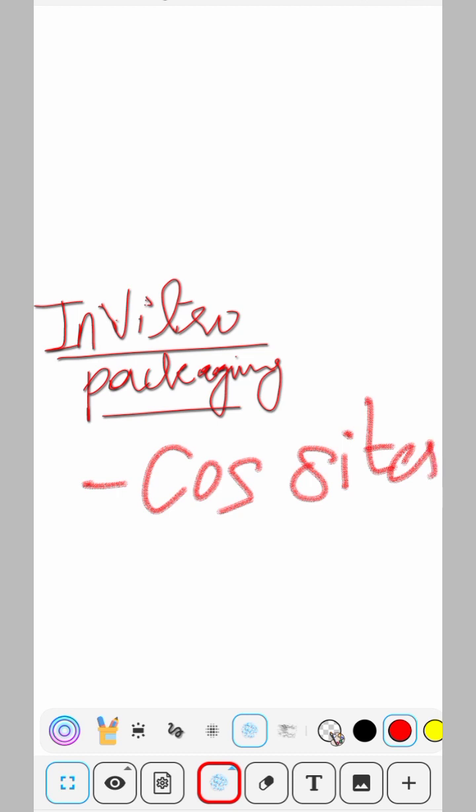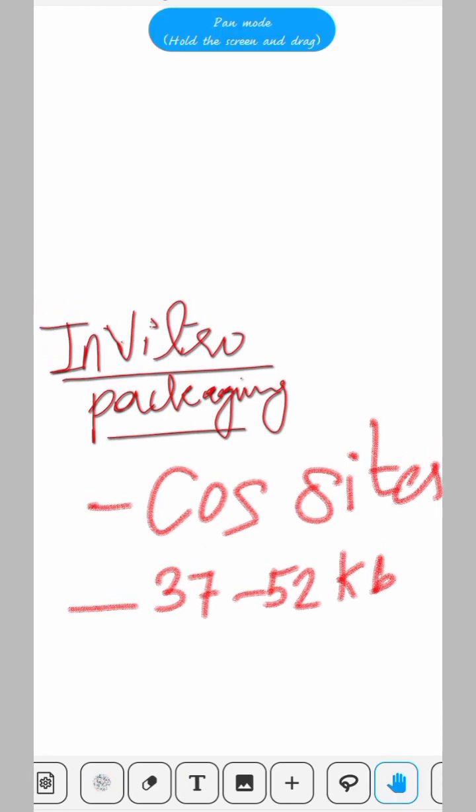The cos sites should be separated by a segment of DNA of about 37 to 52 kilobase pairs. So a cosmid is basically a plasmid that carries the cos site. It is a very simple definition, and we should always remember it.